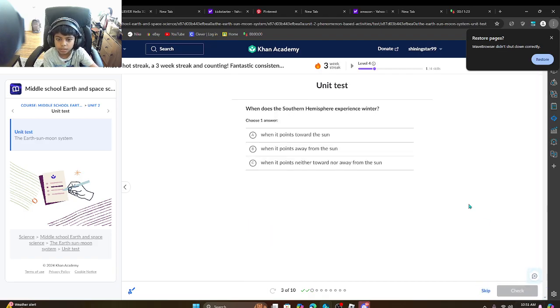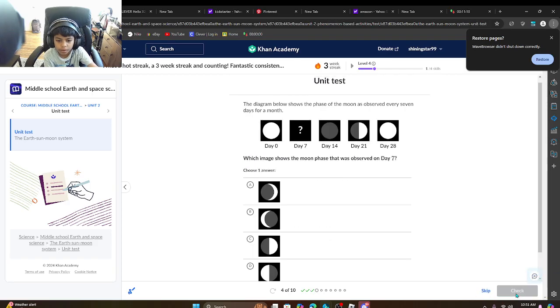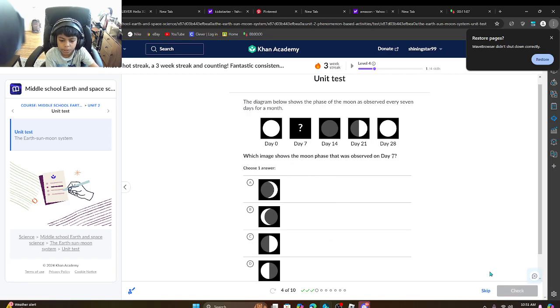When does the Southern Hemisphere experience winter? When it points away from the Sun. The diagram shows the phase of the moon as observed every 7 days for a month. Which shows the moon phase that was observed on day 7?